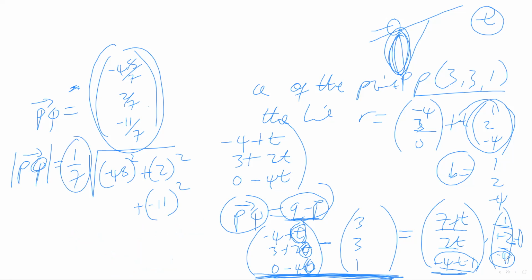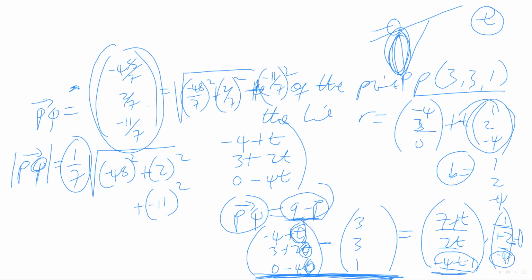If you never wanted to factor out, you can square each of them inside. There's no problem. Negative 48/7 squared plus 2/7 squared plus negative 11/7 squared. You can also do that. I just found it right to take 7 outside.